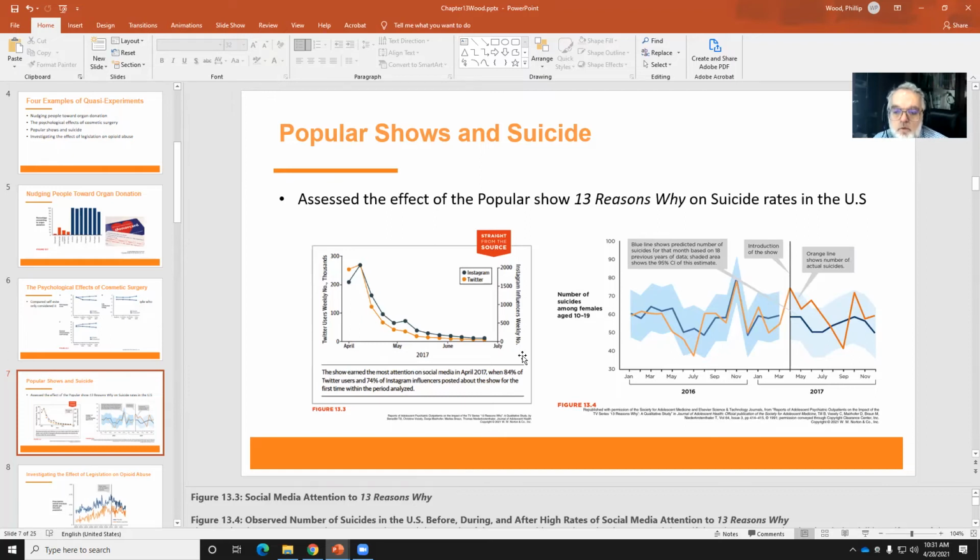And what we have here in this particular study is the orange line is going to give you the values that we observed in the years 2016, 2017, where the show is actually shown. They had a little bit of a control here in that they also looked at Instagram and Twitter and tried to assess the effect of the media on this by looking at whether people expressed that they were following the program on Instagram and Twitter.